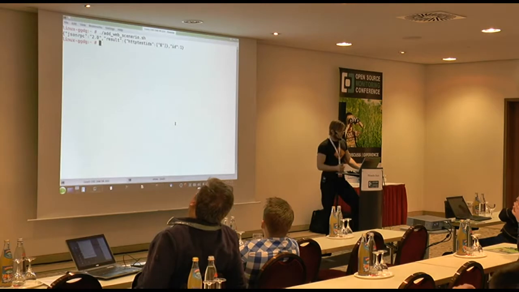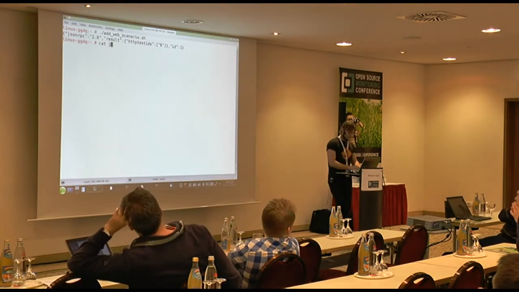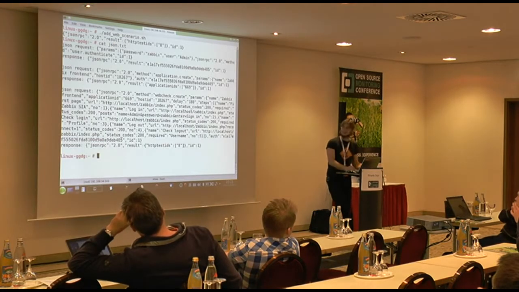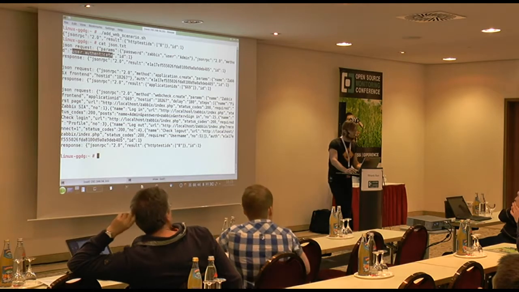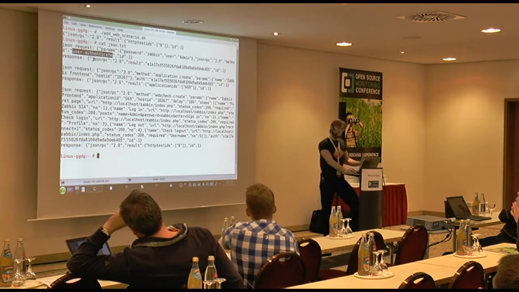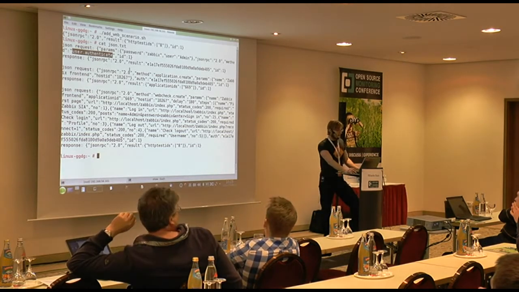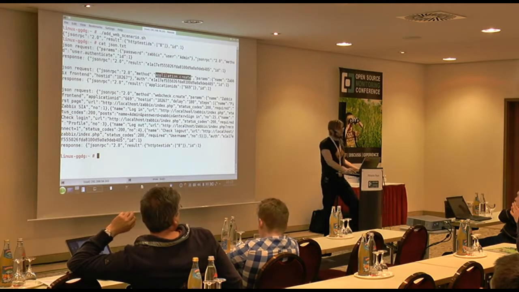How it's done, obviously I could show later to somebody interested in more details, but the basic thing is that we are sending the JSON request and getting back the responses. So we start by authenticating to the API, because non-authenticated users will not have, at least by default, any permissions to create anything at all. Then I am sending an application create request.